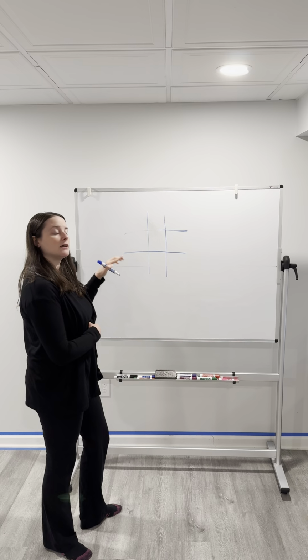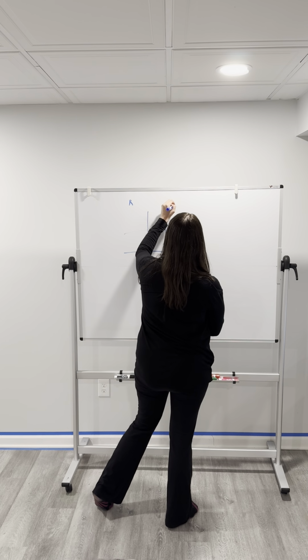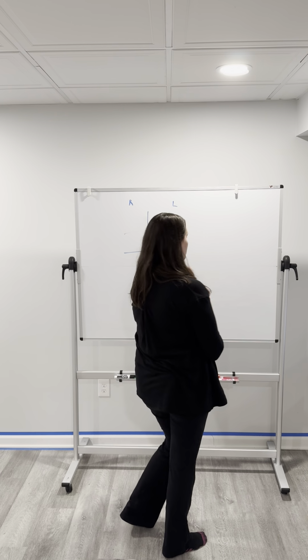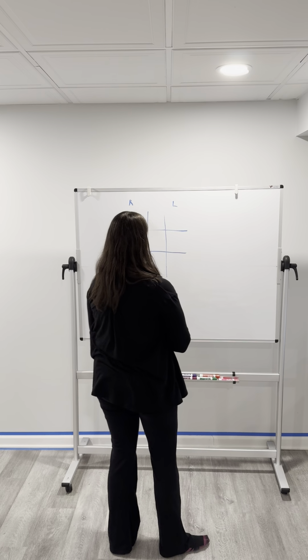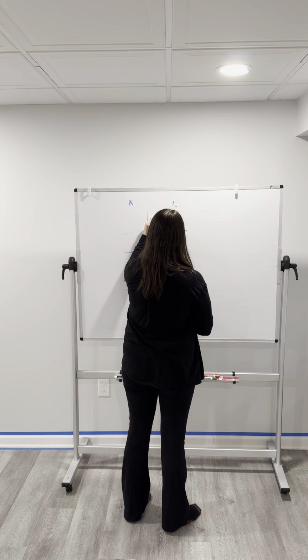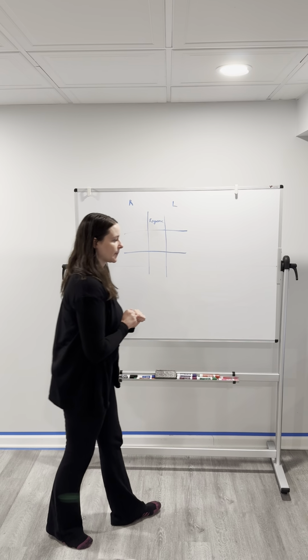Again, if I'm facing someone, this is the anatomical right, this is the anatomical left, and this would be the center here. Let's do the center first. This region here would be the epigastric region.